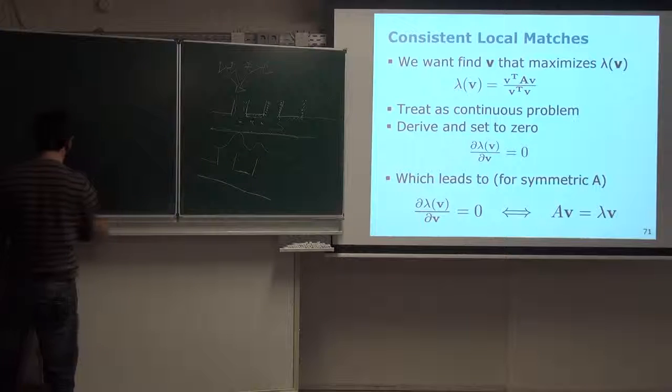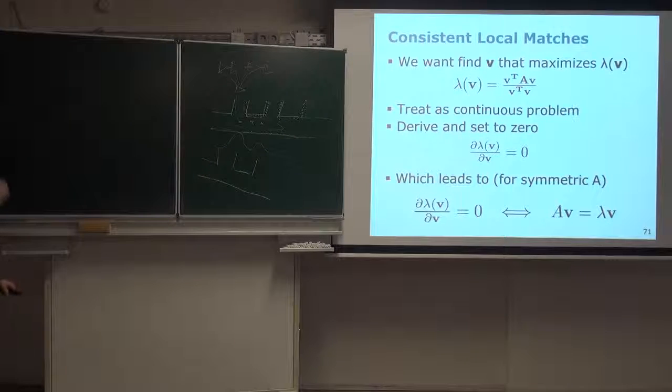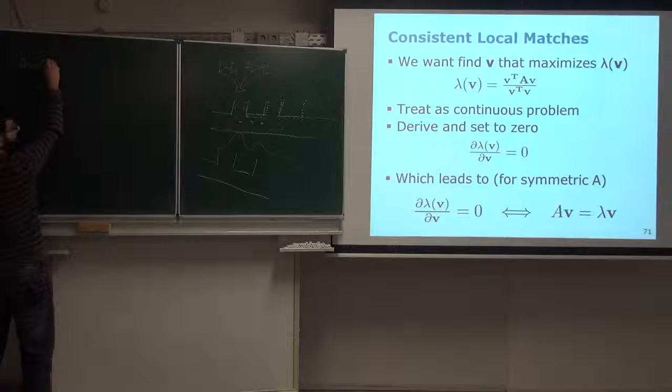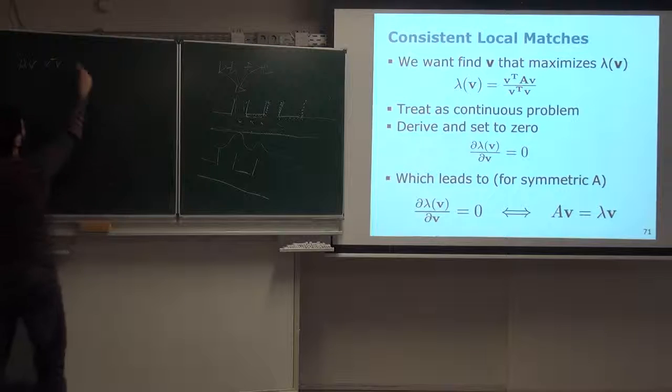We assume A is symmetric, so the derivative gets easier. Let's say we take the gradient with respect to v. The upper part will give A v, and then we need to multiply by the thing down, so times v transpose v. We take the minus and the other way around.